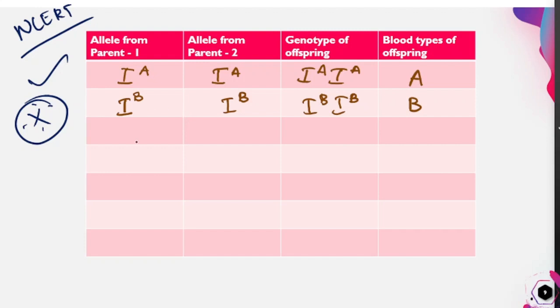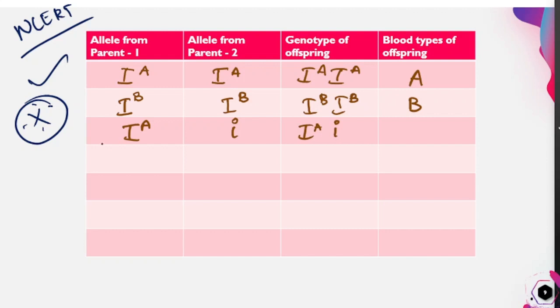Next, allele from parent 1 is I^A, but parent 2 produces i. So the genotype is I^A i. But i is a recessive character, so it will not be expressed.